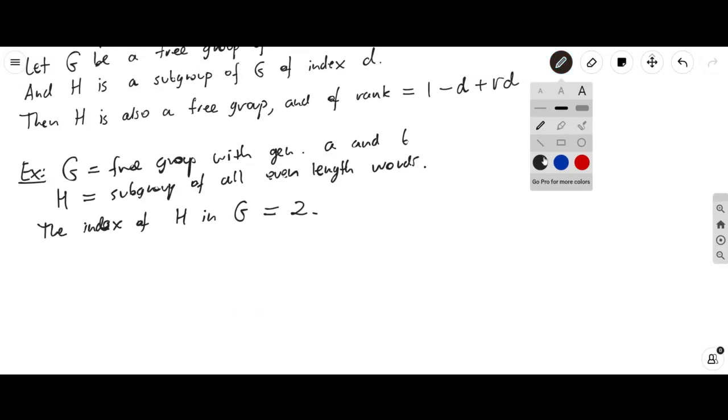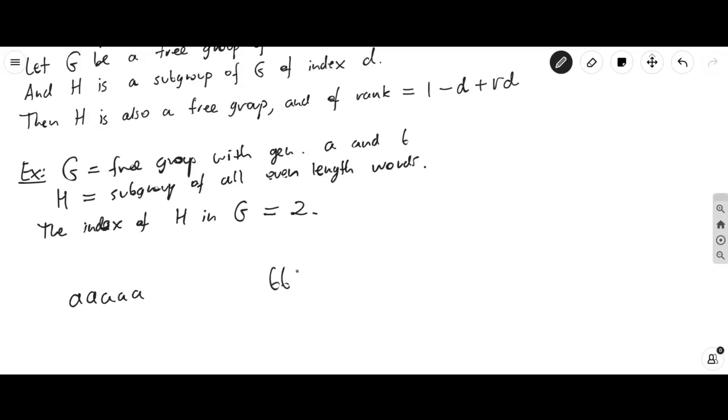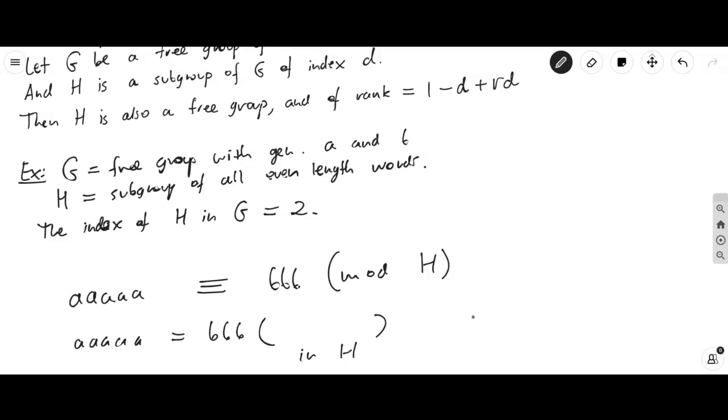Or maybe to put it this way, if you find that confusing, if you have an odd word, let's say A, and then you have another odd word, then they're congruent mod H. Why is that? Because if you do this, then that's an element in H. Or maybe if you do not like it, you can express this as this times something in H. That's what it means to be congruent.